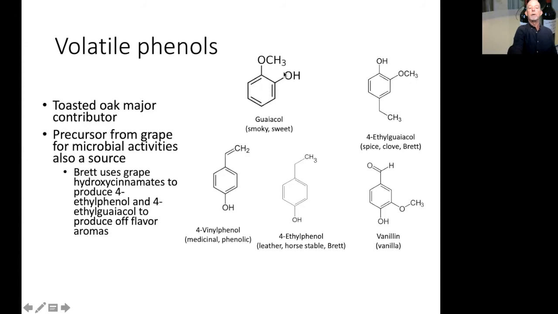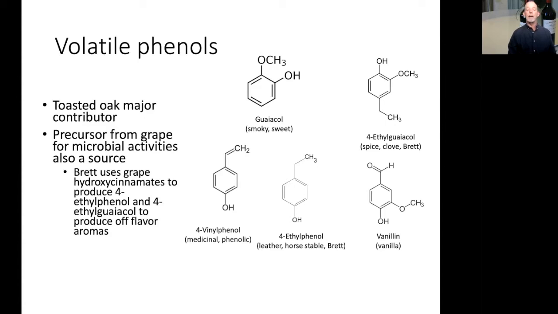Many of these come from oak or the aging of the wine in the oak, and these compounds leach into the wine to add flavor components to the wine. Some desirable, and in some cases, maybe not so desirable. So sometimes there are precursors from the grapes themselves that contribute to these components.